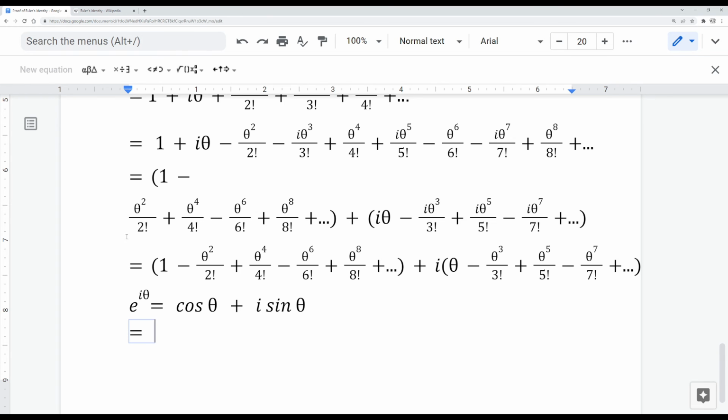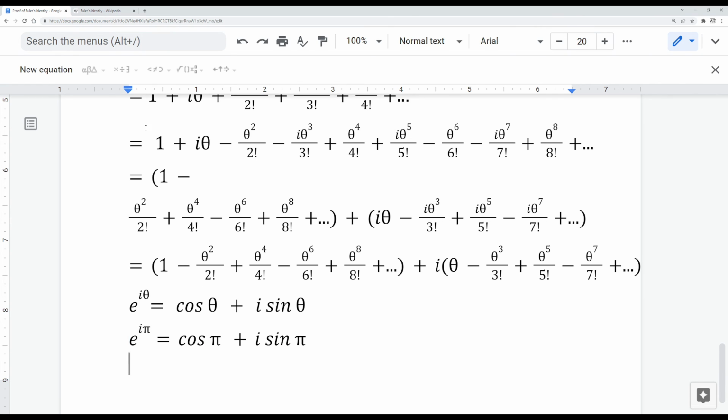And hopefully you find this cool as well. So, that kind of makes it to our home stretch here. If theta is pi, then we replace everything with pi.